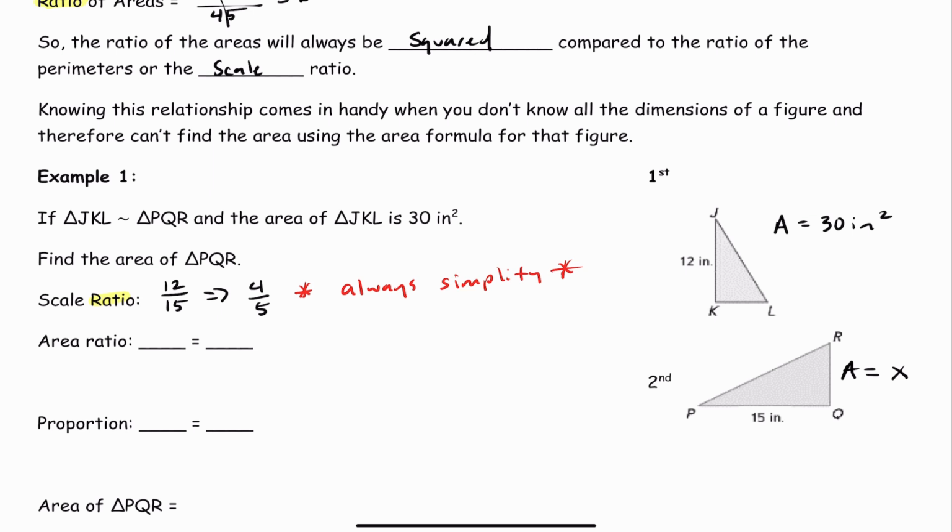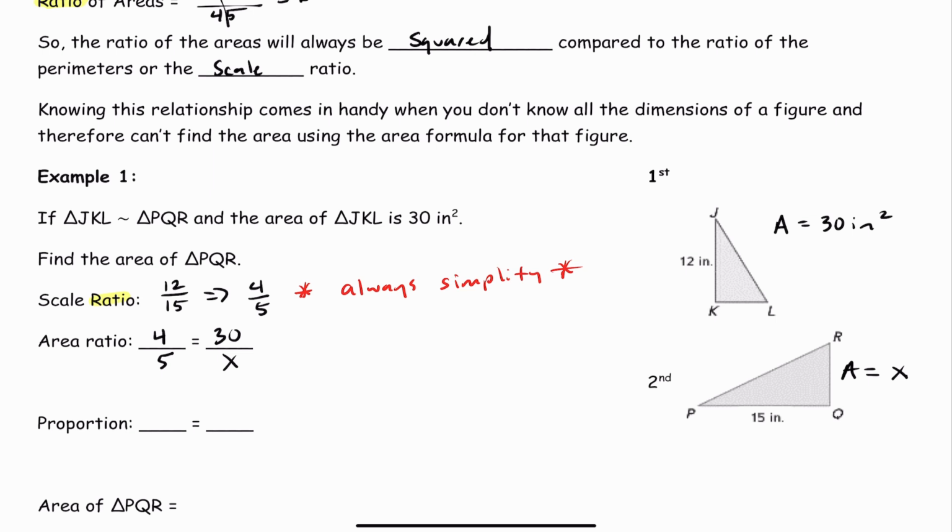Yes? Okay, so what I'm going to do is write 30 over x on the right-hand side of the equal sign. And I'm going to compare that to my scale ratio, which is 4 over 5. So, 30 over x equals 4 over 5.